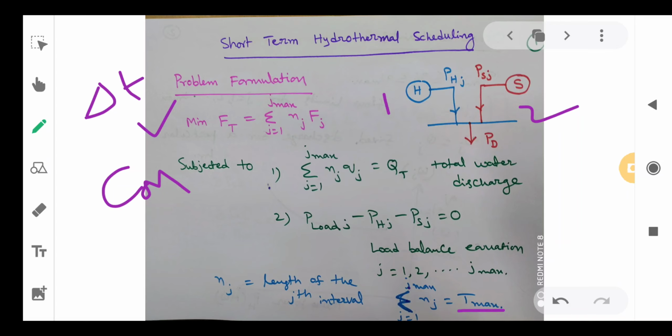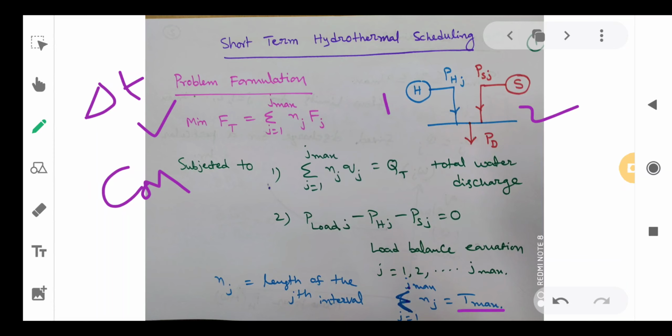In the short term hydrothermal scheduling, let us formulate the problem. In the problem formulation, the function is Ft. Ft is equal to sigma j is equal to 1 to j max Nj Fj, where sigma j is equal to 1 to j max Nj equals T max, the total time period.